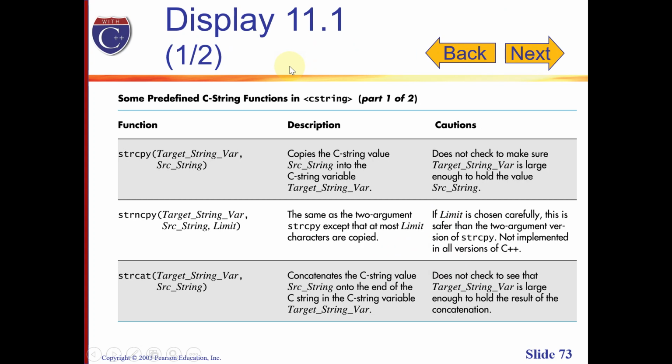And of course, these are some of the predefined C-string functions that we can use. So please take a look at their description and of course their cautions, so we will know what are the possible issues that we might encounter when we use them.